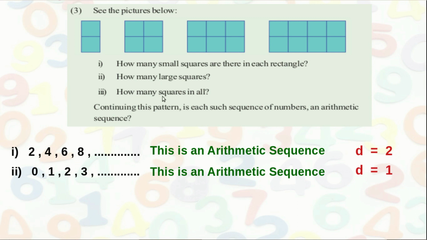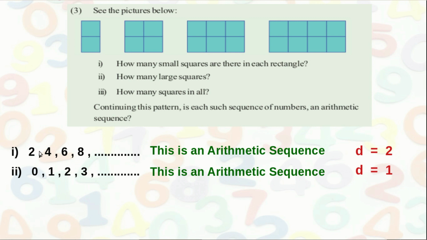Now, how many squares in all? So, to find the total number of squares in each picture, you have to add the corresponding terms of the 2 arithmetic sequences. That means number of squares in the first figure, 2 plus 0, 2.